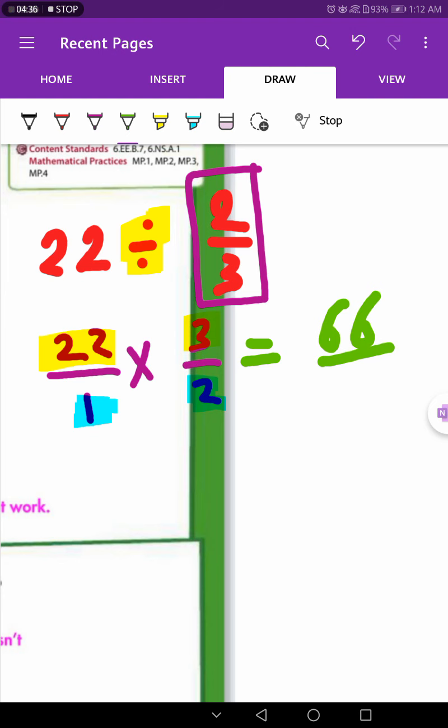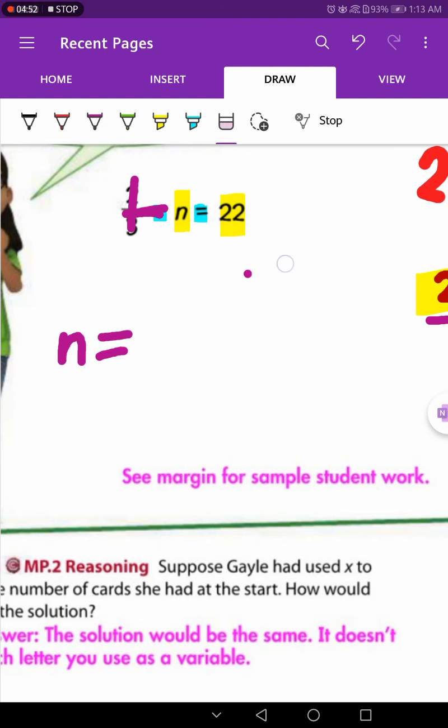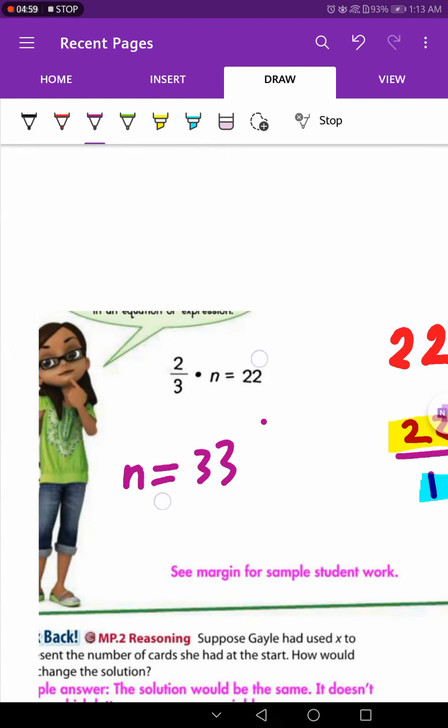And 1 multiplied by 2 equals 2. Now 66 divided by 2 equals 33. You see this number that you get? It is the value of n that makes this equation correct. So 33.